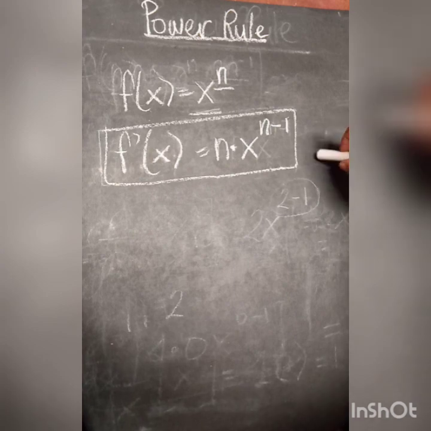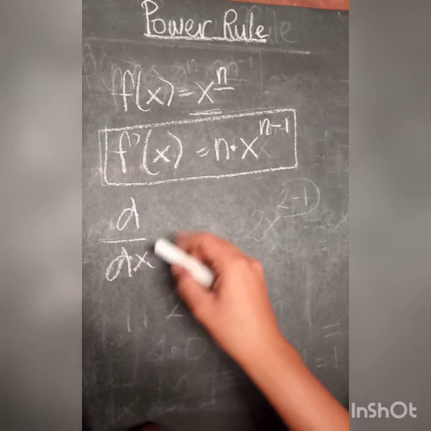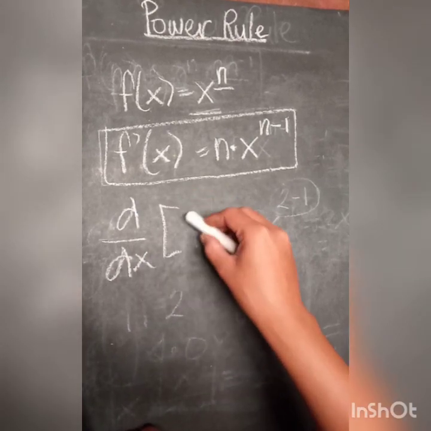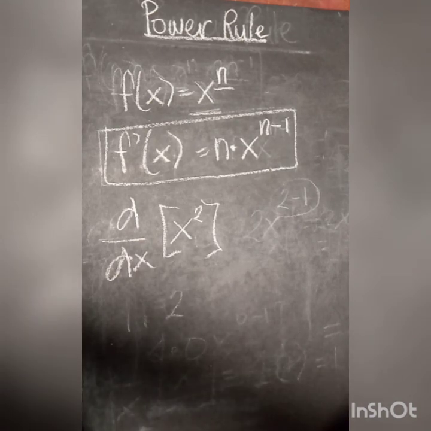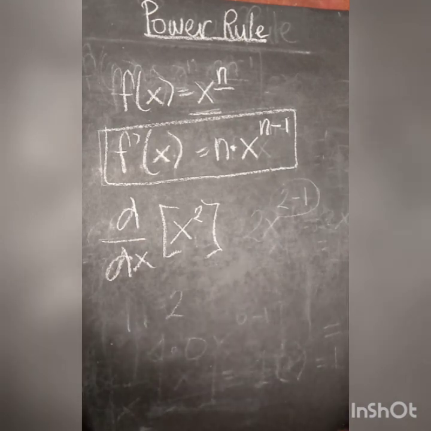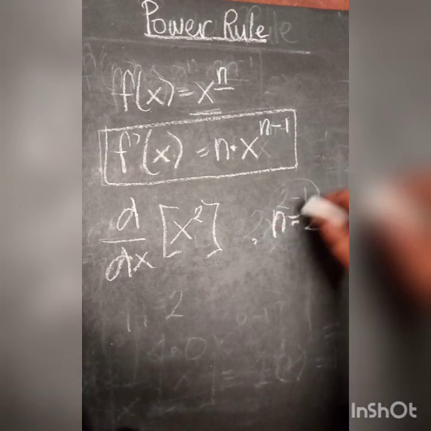Based on this formula, what is the derivative of x squared? In this case, n is equal to 2.